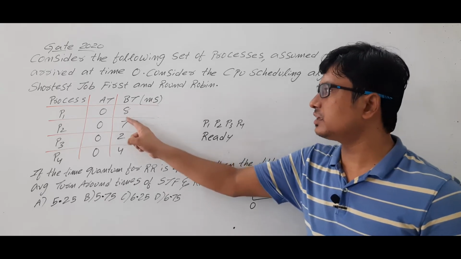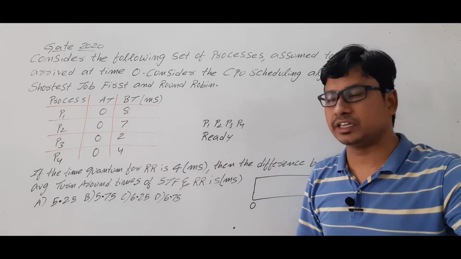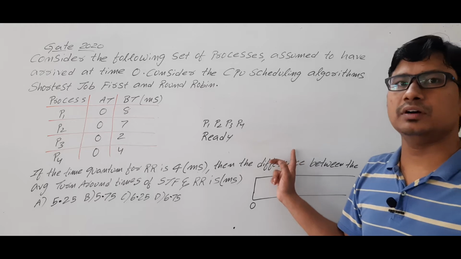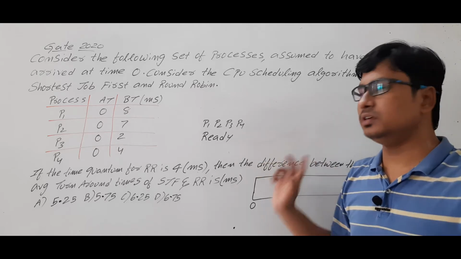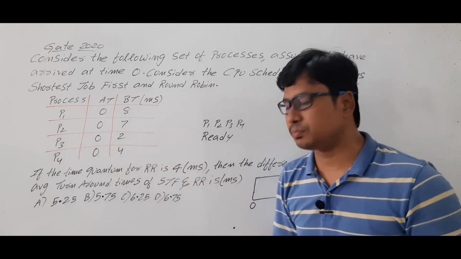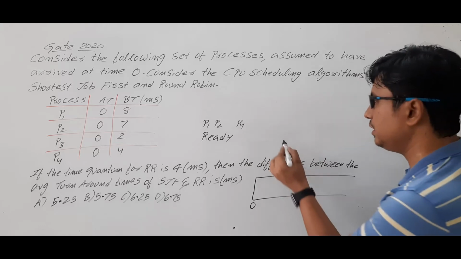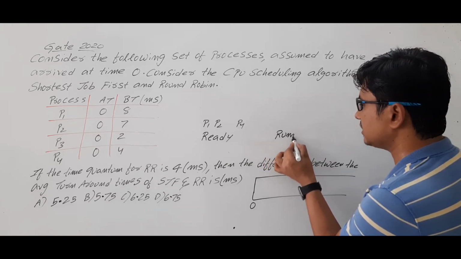We need to look at each process's burst time, and the process which has the least burst time will be dispatched to the running state. Among them, process P3 has the least burst time, so P3 will be removed from the ready queue and kept in the running state.